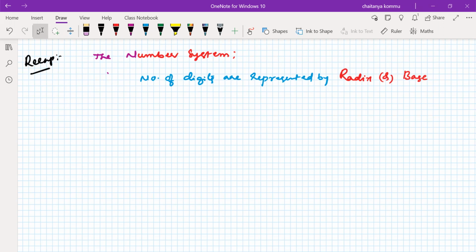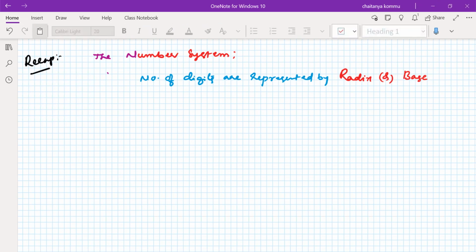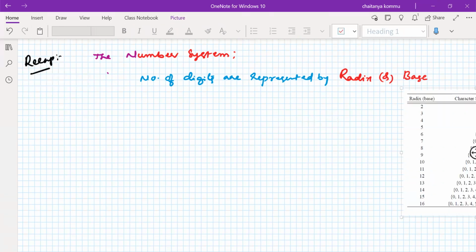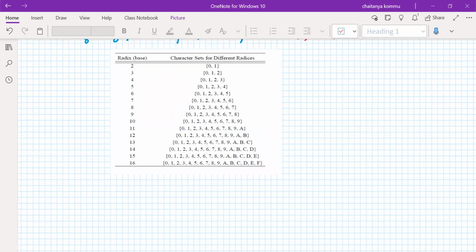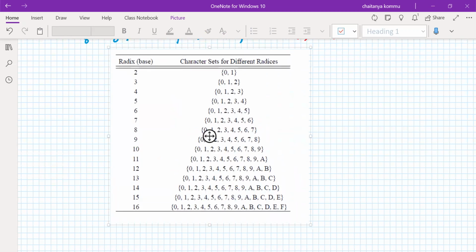So this is how we have defined some radix.